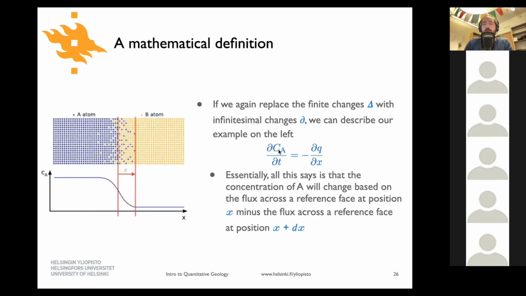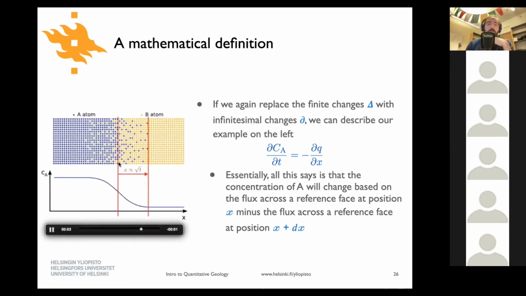So now it's delta C over delta T, or partial derivative of C over partial T, equals minus partial Q over partial X. And all this says is that the concentration of A is going to change based on the flux across some position minus the flux at some other position, X plus delta X. So if we were here in the middle, or maybe just slightly to the right of the middle, we see that the concentration is going down.